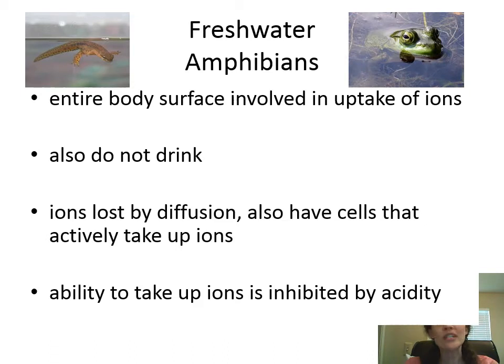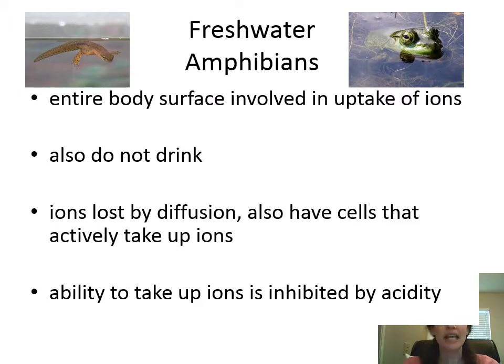But they're also losing ions by diffusion because the water, right, through osmosis, the water and the salamander want to be the same. So they're trying to decrease the concentration of that salamander. So he's losing ions and taking up water passively. He does have, just like we saw in the fishes, specialized cells that allow him to actively take up ions to kind of work out the balance he has.